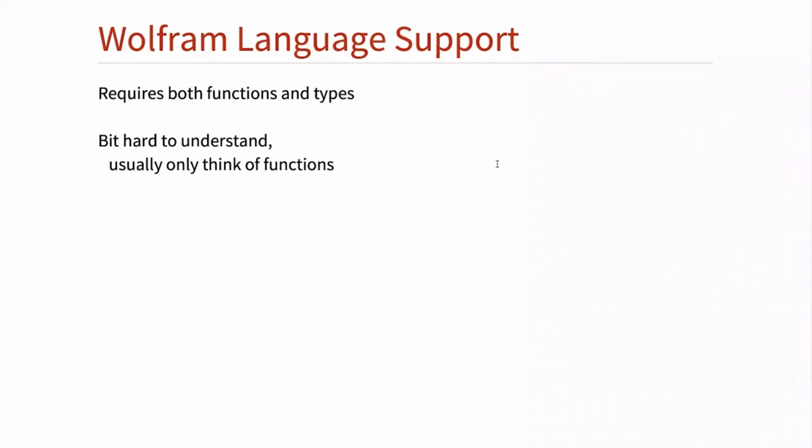To support Wolfram language, it's not just enough to say I want to support ListConvolve and FoldList and Map and things. You also have to think about functions and the types that are being fed through those. And it's some combination of those that in the compiler team we spend a lot of time to design.